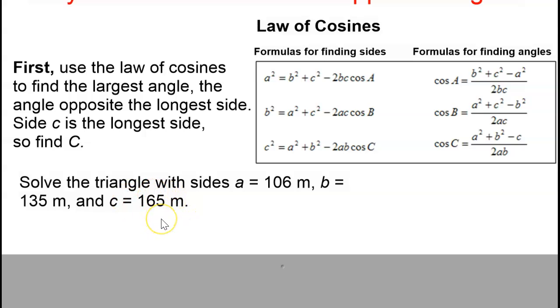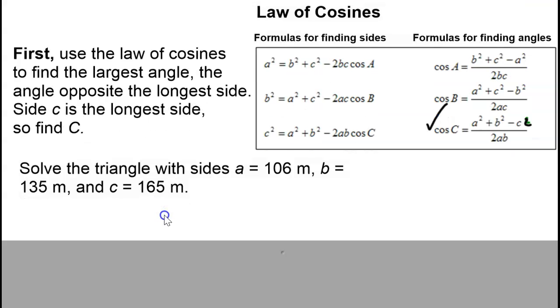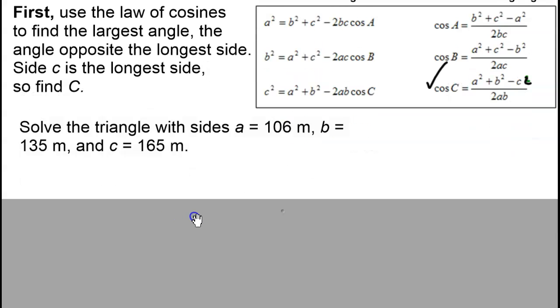C is the longest side, so to find the first cosine, we're going to use this formula right here. Make sure that is a C squared when you're solving this problem, or else you won't get it right.